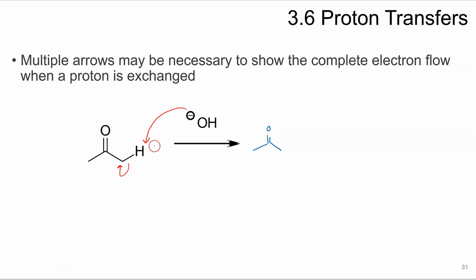So that oxygen's going to grab this hydrogen. That's going to put an electron pair there. And we can show resonance structures of this.